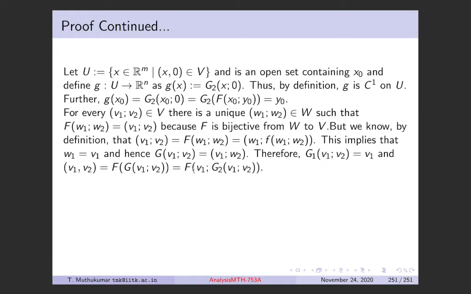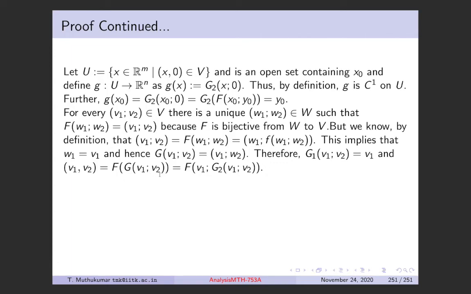So G has two components, we said G1 and G2, right? The first n components and the second n components. So if G of (V1, V2) is (V1, W2), then G1 of (V1, V2) is this element which is V1. And (V1, V2) is F of G of (V1, V2) because these are inverses.